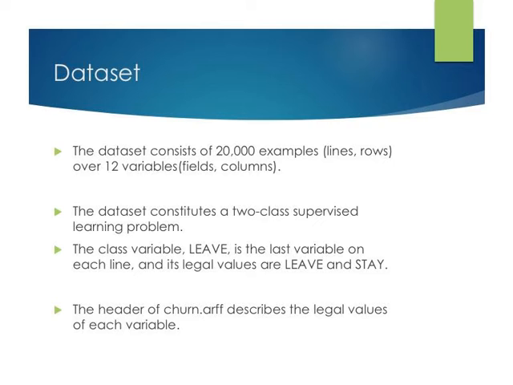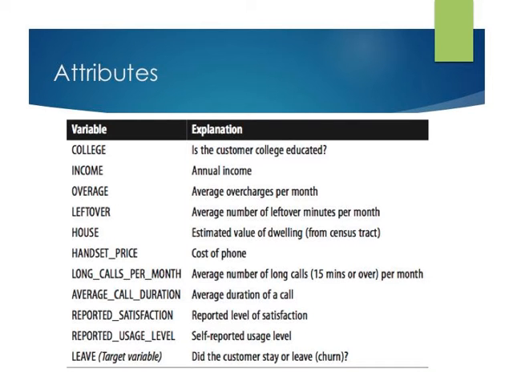And if we think a little bit on the meaning of this, it basically says that for each one of the lines that is representing one client, we have the resulting action of this client that was either to stay in the company when the contract finished or to leave the company, churning. You can see also the information of the rest of the variables in the header of the file, and I have summarized them in this table.